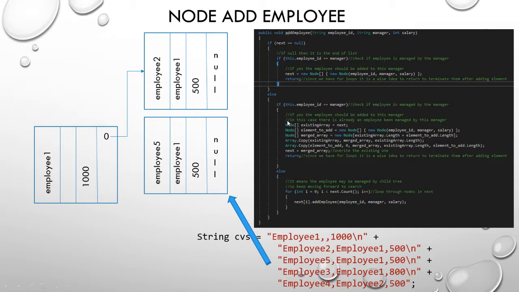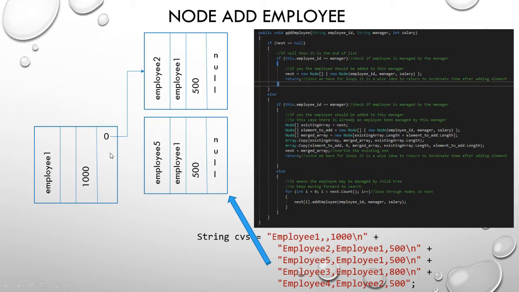Now using this case, we are going again to check if this employee is managed by this, equal to the employee over here. So employee 5 is managed by employee 1. If employee 5 is managed by employee 1, this is the statement for checking, then we are going to add this node to the same, we are going to attach it to employee 1.